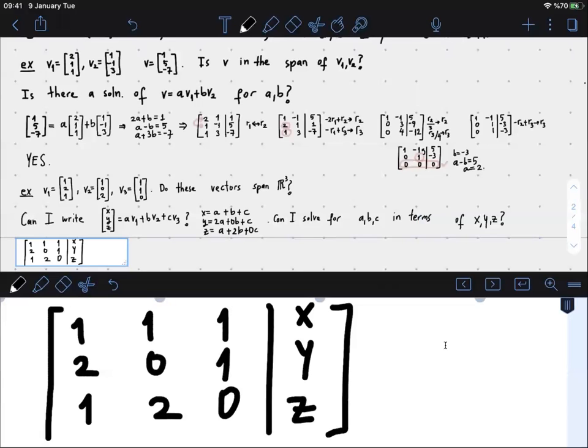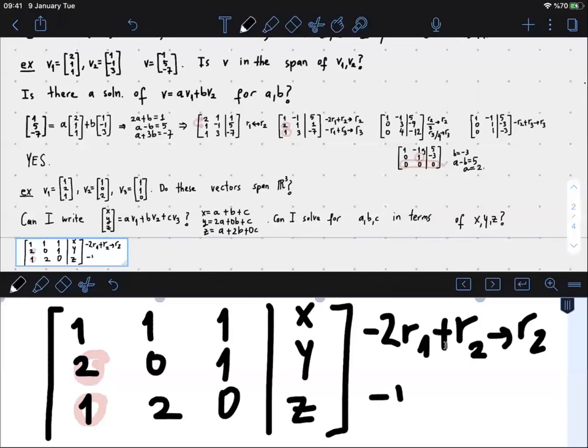So is this system consistent or not? Again, we will use row operations. We first try to make these guys 0 by using the first row. So minus 2 times row 1 plus row 2 to row 2, and minus row 1 plus row 3 to row 3.